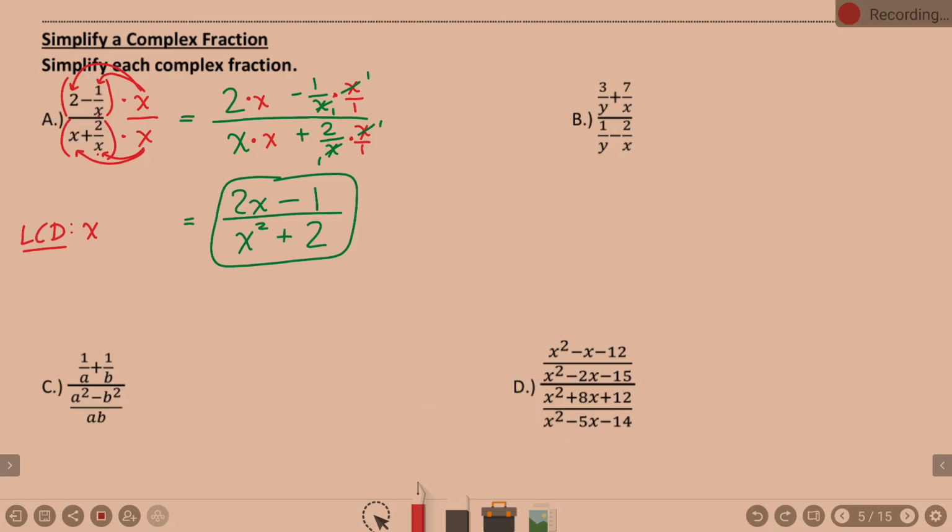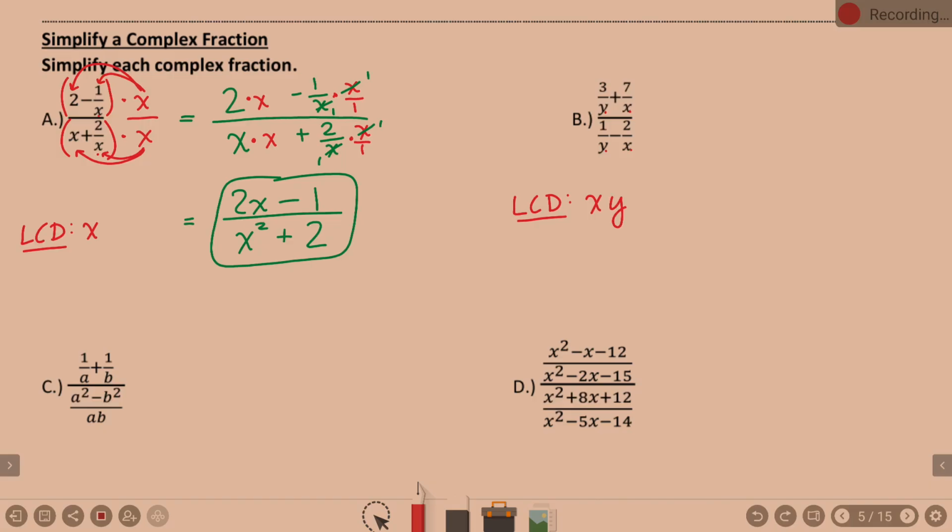I got fractions added and subtracted within fractions and fractions within fractions. Okay, I got to get rid of those denominators. Okay, what do you see in your denominators? There's x, there's y. So what's my least common denominator going to be?